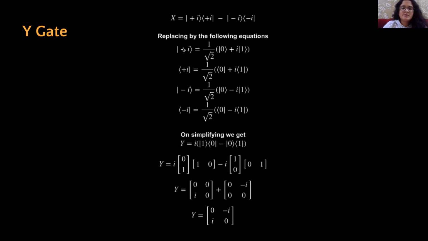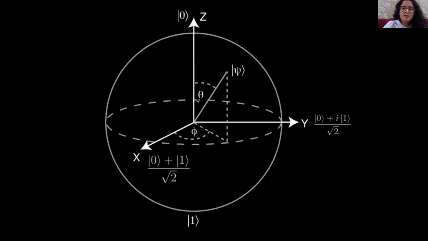And you can see that we've used ket plus i and minus i, and earlier we'd used plus and minus states. So remembering this Bloch sphere is essential. So if your concepts with Bloch sphere were not clear, then do watch our previous videos because they are very important to understand single qubit gates.